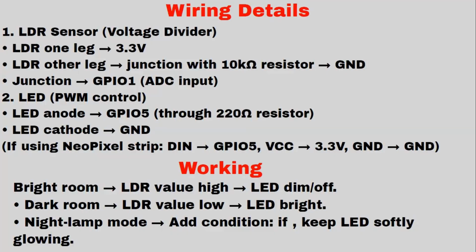The LED PWM control is connected to GPIO 5 because GPIO 5 has PWM also, through a 220 ohm resistor, depending on the intensity and the LED you are using. And the LED cathode, the other end, is given to the ground. So if it is a NeoPixel, then you have to give it to GPIO 5 or 1, or VCC and ground. Likewise, you have to arrange the pins.